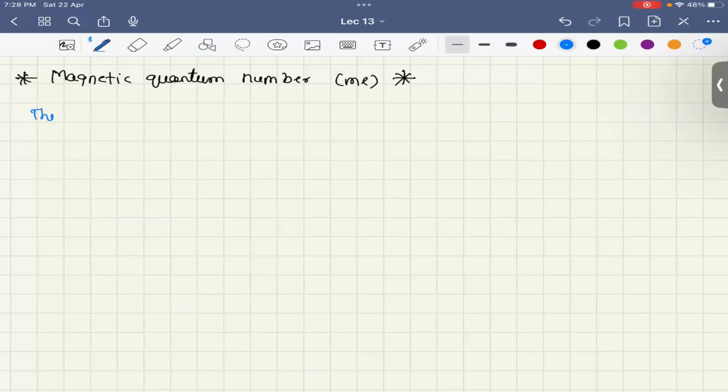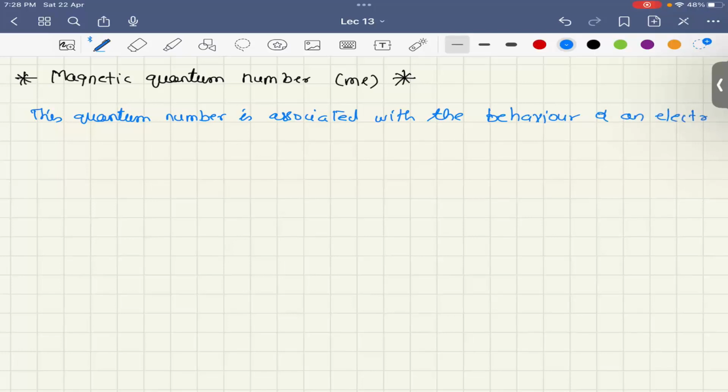So this quantum number is associated with the behavior of an electron in a magnetic field.